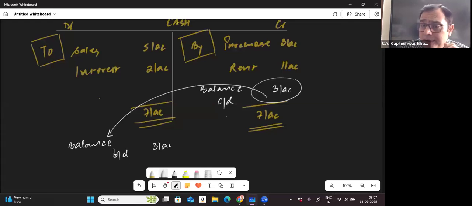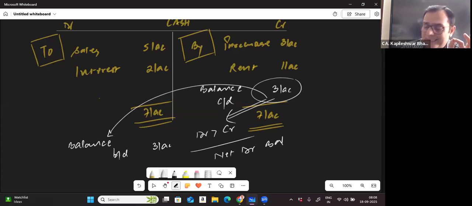Is this 3 lakhs a net debit or a net credit balance? Remember, your debit side of the ledger is more than the credit side of the ledger. If the debit side of the ledger is more than the credit side, you can say it is a net debit balance, though it appears on the credit side.